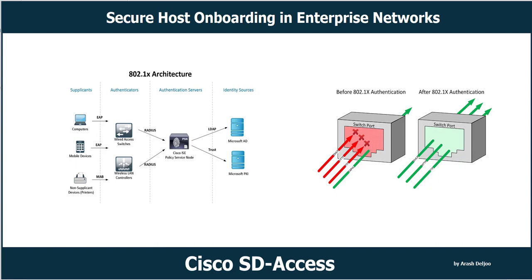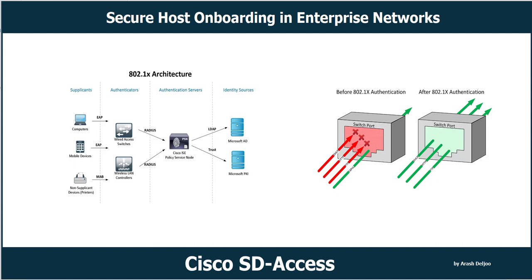This is implemented using 802.1x, a port-based authentication that restricts unauthorized clients from connecting to a LAN through publicly accessible ports. As you can see here, we have authenticators, the authentication server, and the supplicants. They are the components of the 802.1x architecture.